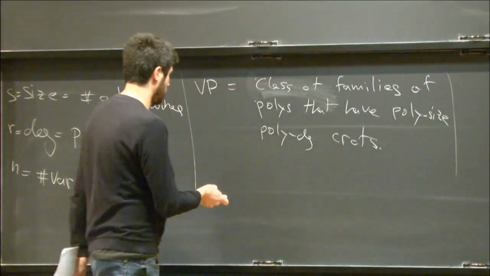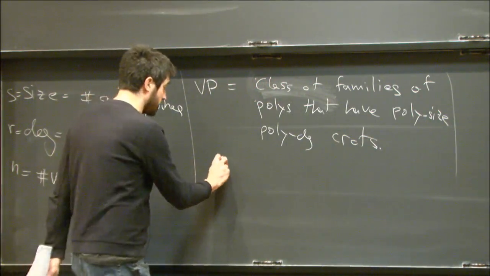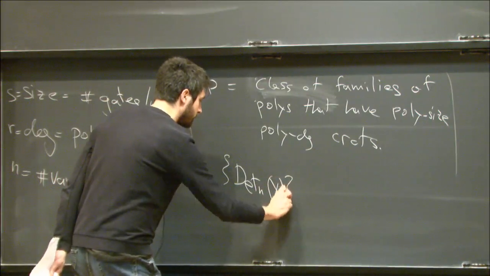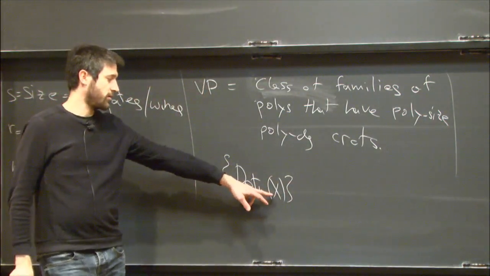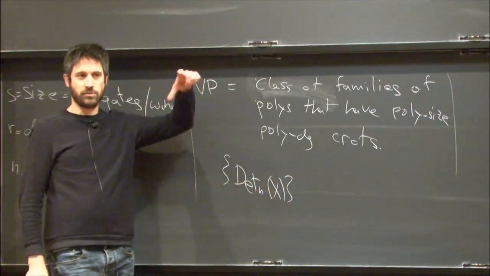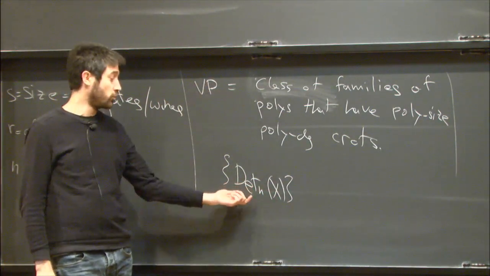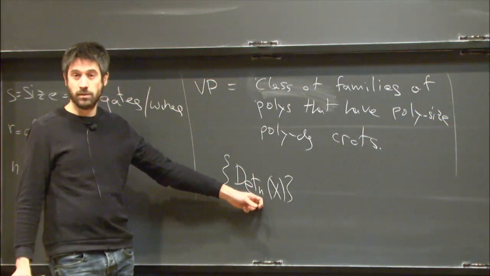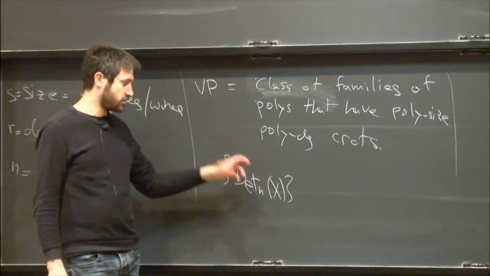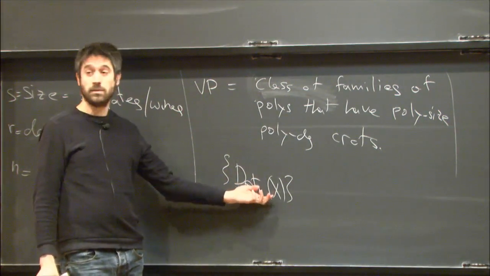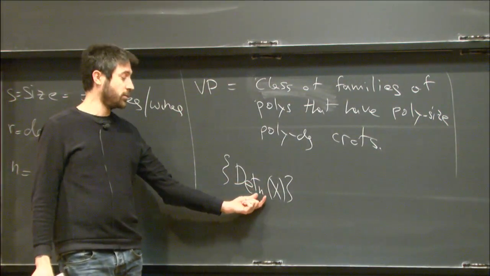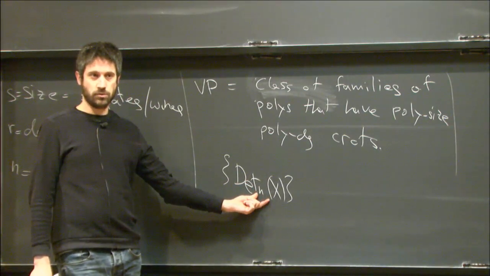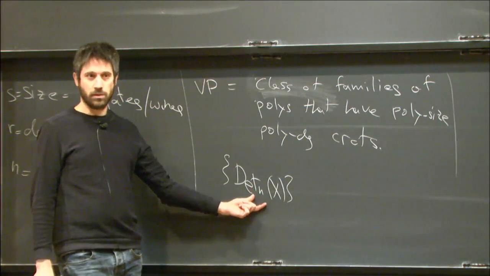For example, let's say the n by n determinant. Think about X as having n squared variables, so it's like a symbolic matrix, and we want to compute the determinant polynomial. That's a polynomial in n squared variables of degree n. And it's well known that each determinant can be computed by a polynomial-size arithmetic circuit. So this family is in VP.